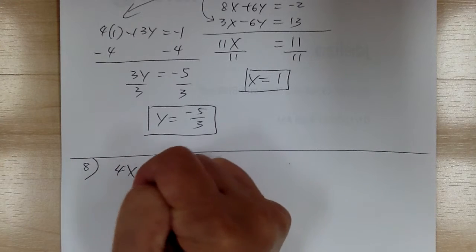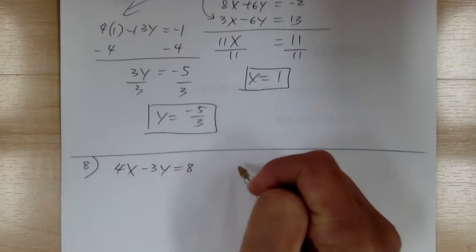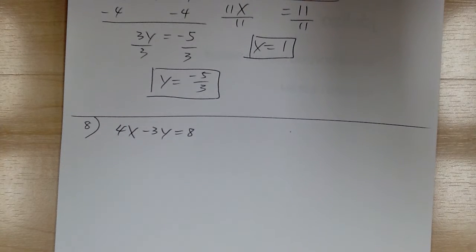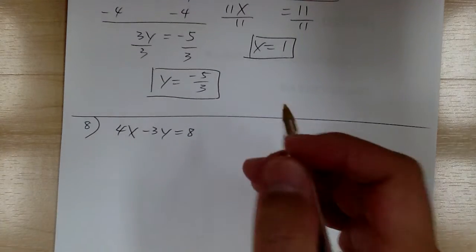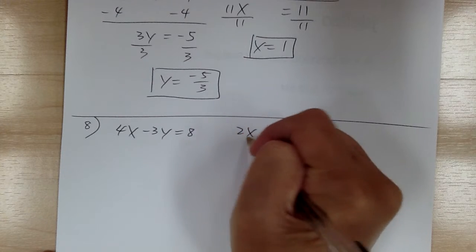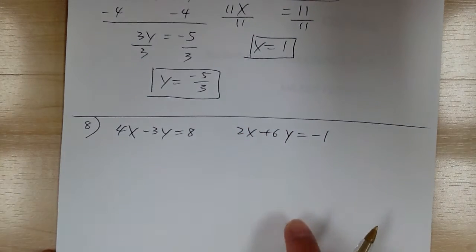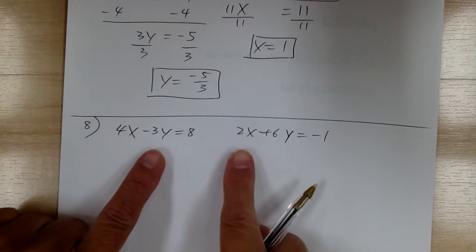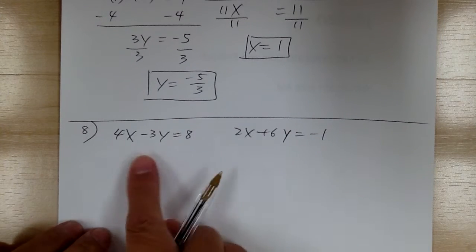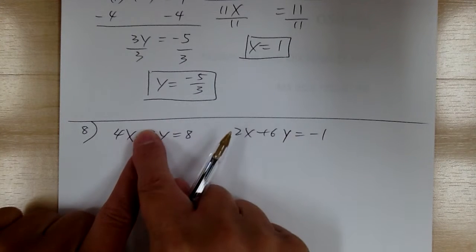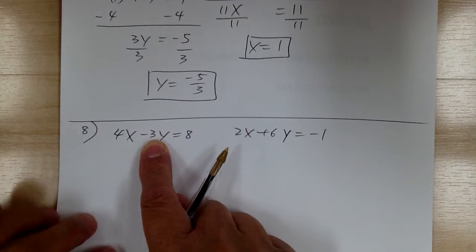Okay, you have 4x minus 3y equal to 8. And you have 2x plus 6y equal to -1. Okay, this one is not too bad. You can eliminate either one. I'm going to eliminate the y because this is already twice this, and this is already negative.